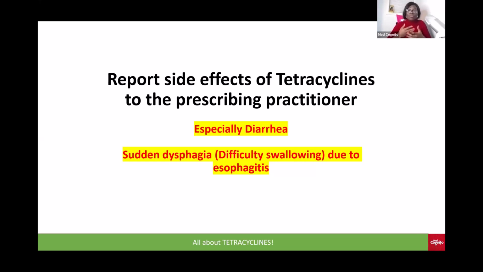You have to pay close attention to this and report to the prescribing practitioner, because tetracycline can cause inflammation of the esophagus. So if the client is complaining that I'm having difficulty swallowing, it may be due to esophagitis. Esophagitis is inflammation of the esophagus. So pay close attention to this.